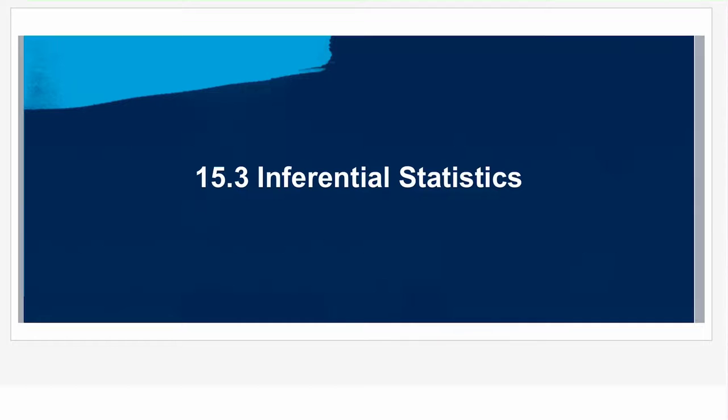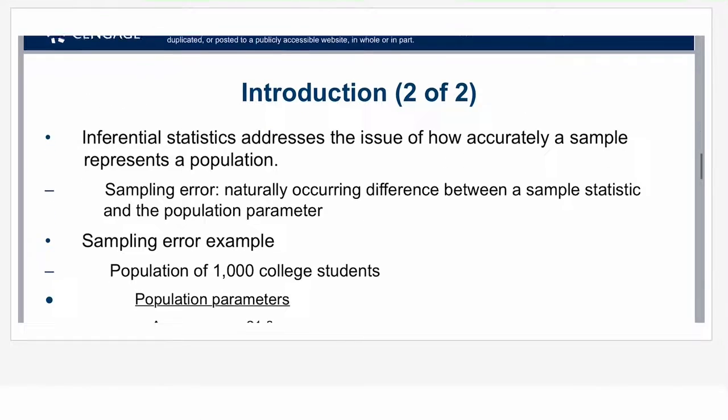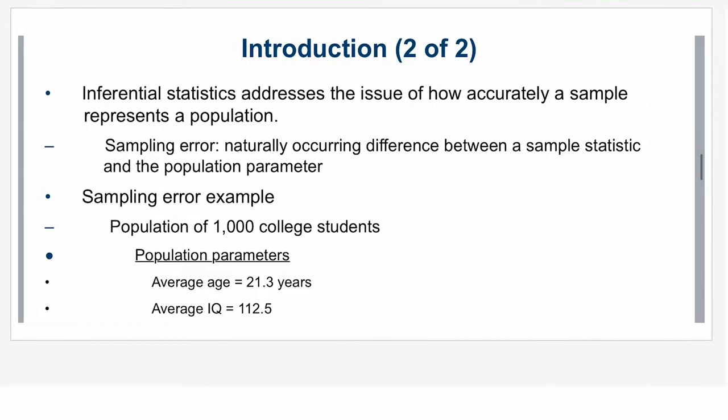Can we rely on that? And along the same lines, if we selected a different sample, would we get different results? And so can we really trust these results? And so inferential statistics is going to be what helps us answer those questions and concerns.